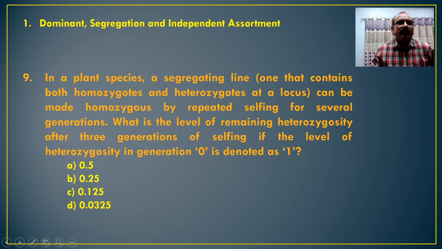Now, in the dominant segregation and independent assortment problems, problem 9 is: in a plant species, a segregating line, that is one that contains both homozygous and heterozygous at a locus, can be made homozygous by repeated selfing for several generations. What is the level of remaining heterozygosity after 3 generations of selfing if the level of heterozygosity in generation 0 is denoted as 1?